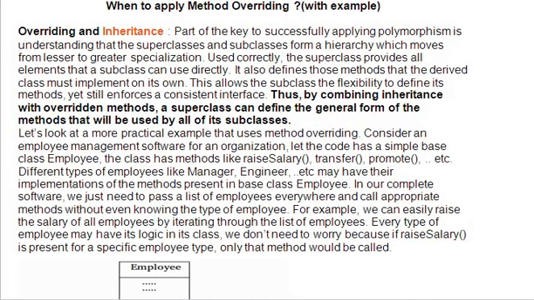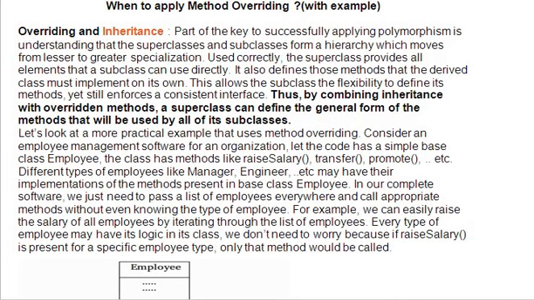So when to apply overriding? Overriding and inheritance. We need to understand the concept of superclasses and subclasses. Combining inheritance with overridden methods, a superclass can define the general form of the methods that will be used by all of its subclasses.